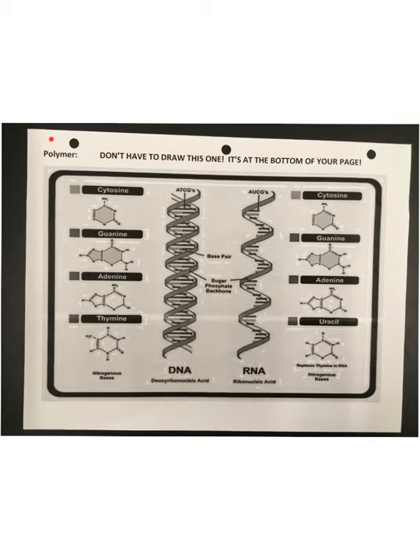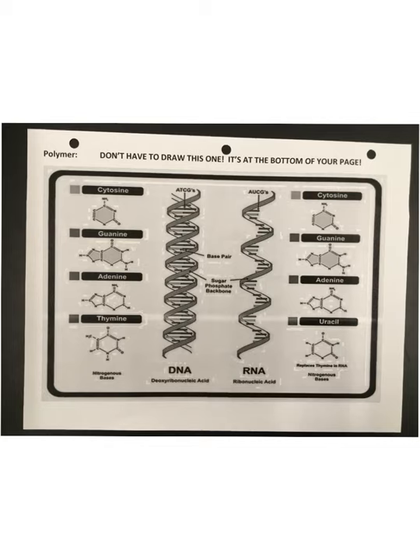These are the polymers that come out. It says here, you don't have to draw this one. It's actually located at the very bottom of your pages, but I do want to go over it. So what the polymer ends up being is either a DNA molecule, which means deoxyribonucleic acid, or an RNA molecule, which is ribonucleic acid. And the big difference between these two things is with DNA, we have cytosine, guanine, adenine, and thymine.